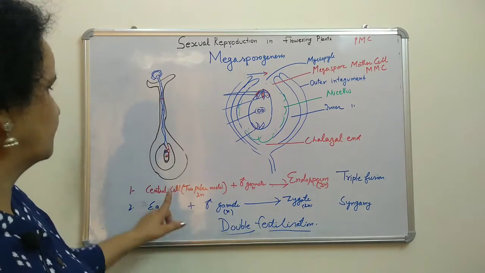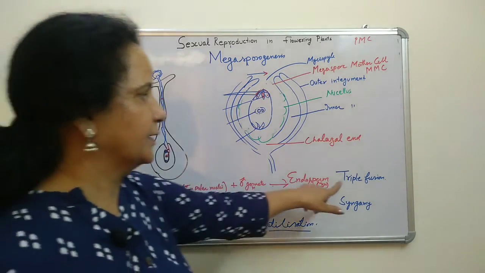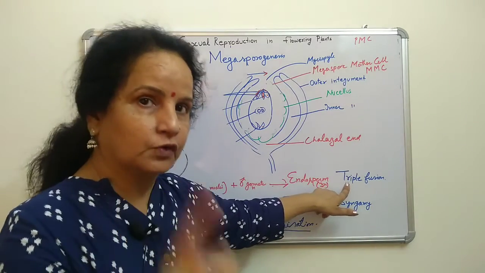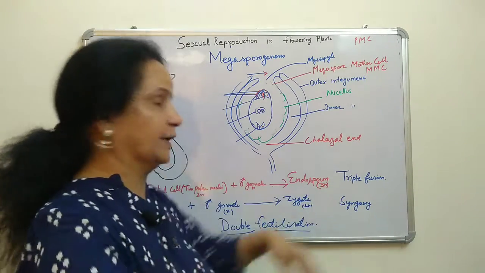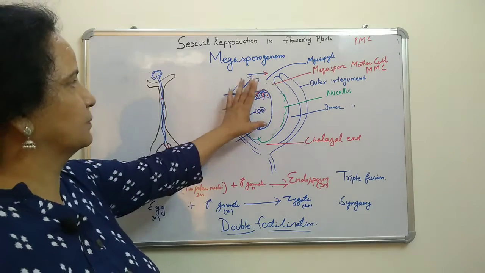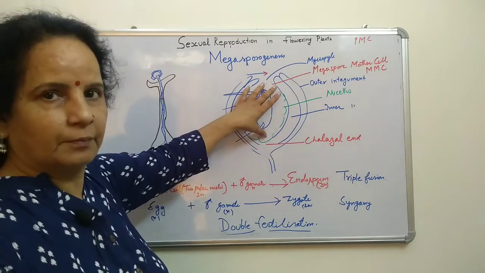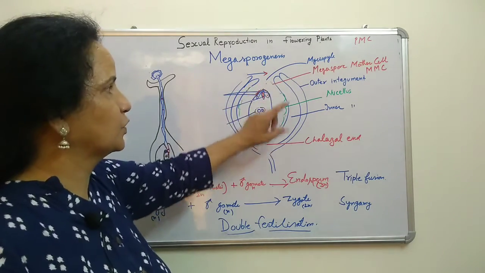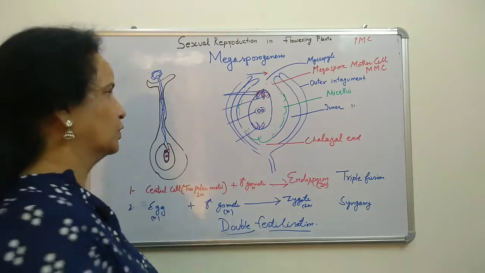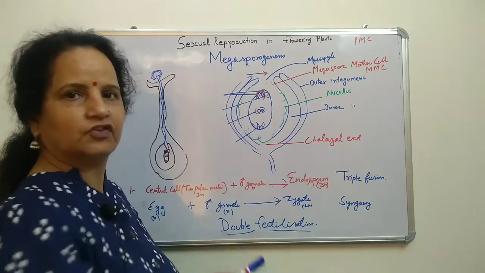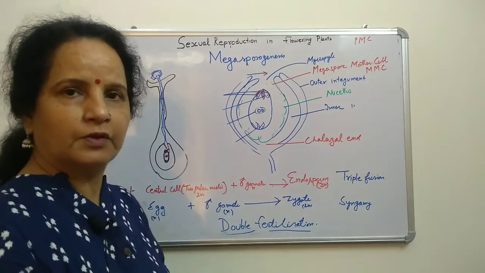Now you see that the first fusion will be triple fusion. Which is the first fusion? Triple fusion. Why? Because when the embryo sac was forming the female gamete, the food was given by the nucellar cells. Slowly, gradually, these degenerate, or are consumed, after this formation.